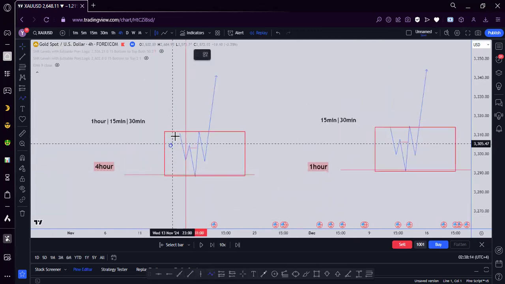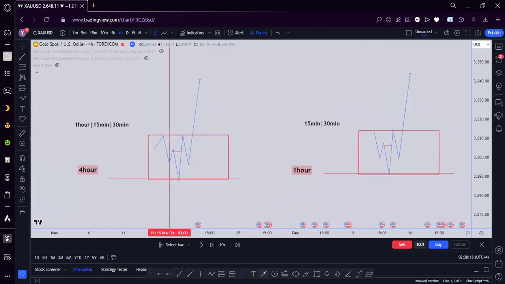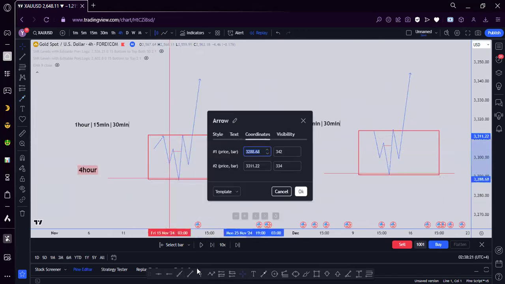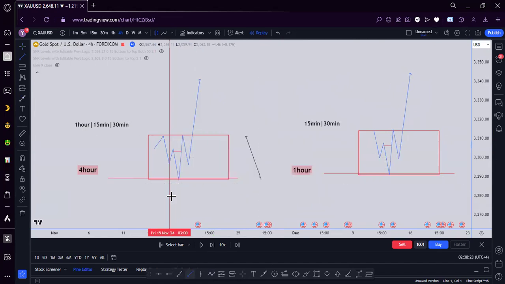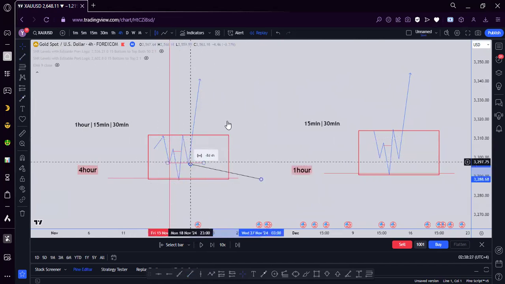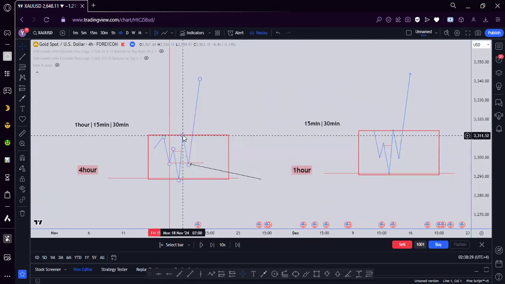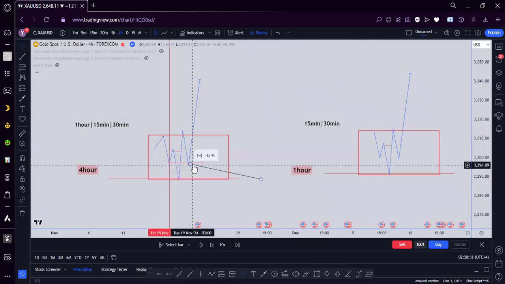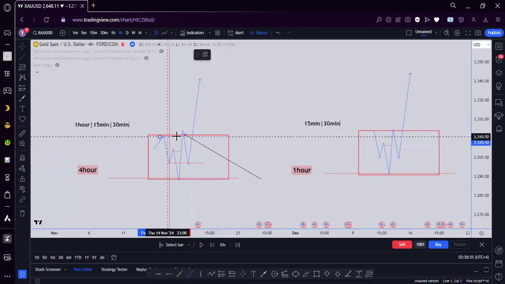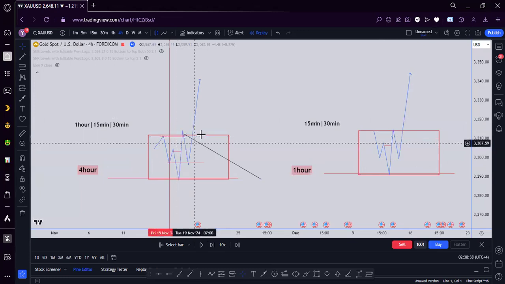And let me explain this also. If you had an internal breakout, and after that the price pulls back right here, let's say this was your first entry. After that, we had another external breakout right here.